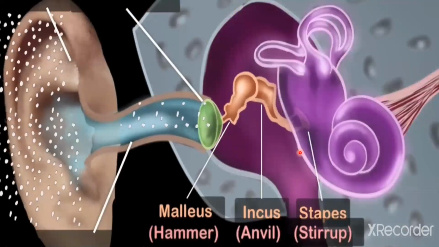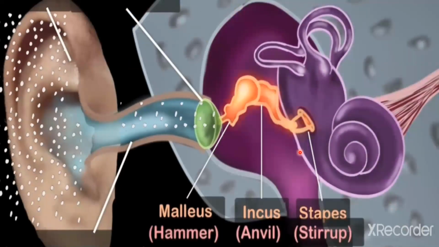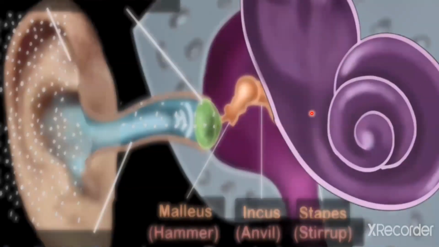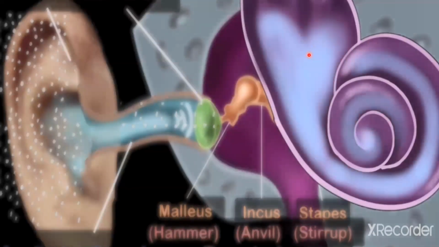From the stapes, the vibrations strike the oval window. This is the cochlea.